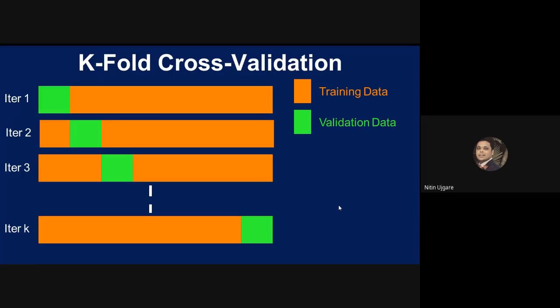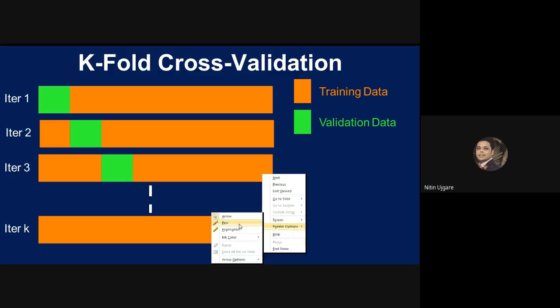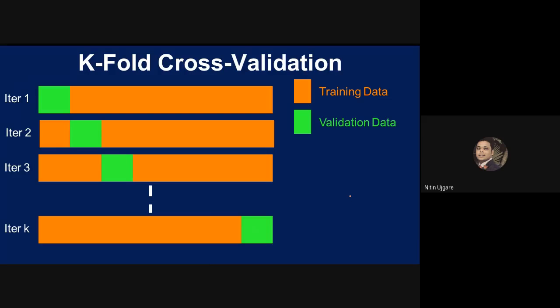Then in k-fold cross validation, what we are doing is splitting our data set into sections. Let's say that we have 100 samples given as a training data set. Now we'll create 4 sections, or 4 splits, of this data set. They will be of equal size.